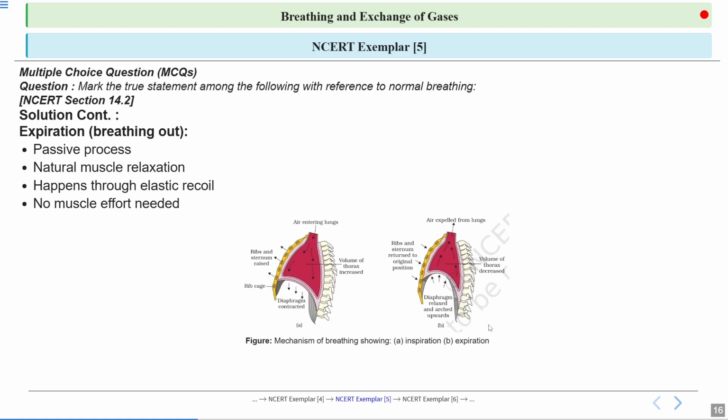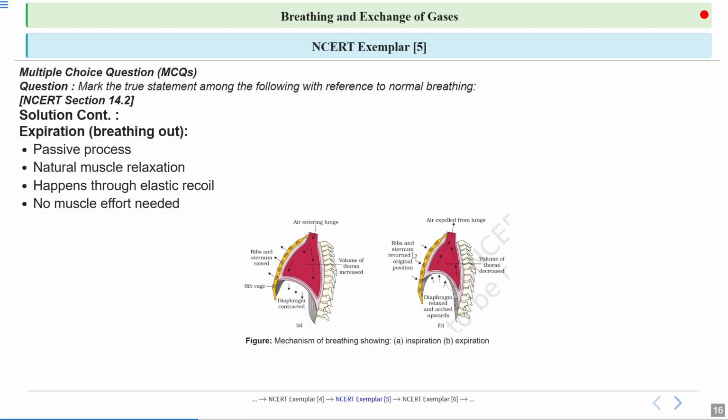So here the air is expelled from the lungs because of the pressure created. You can see the diaphragm is now moving upward, reaching its original place. So it applies pressure to the thoracic region, and the ribs and the sternum also move downward because the external intercostal muscles are in the relaxing mode.